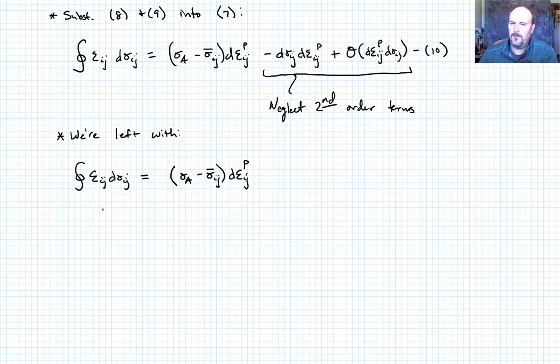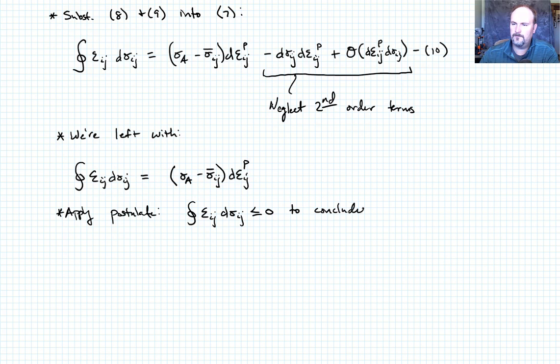And then we apply the postulate that the integral of that quantity we derived in the last module is less than or equal to 0, to conclude that sigma a minus sigma ij bar times d epsilon ij p is less than or equal to 0.